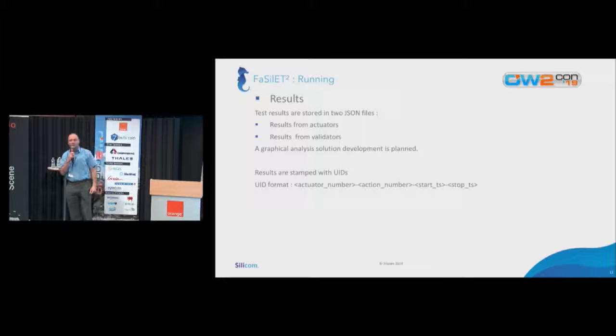Results are in JSON format. Easy to read, easy to parse, easy to do what you want after with graphic tools or anything. And of course, we are planning to complete this and to have all the tools you need in one bundle.